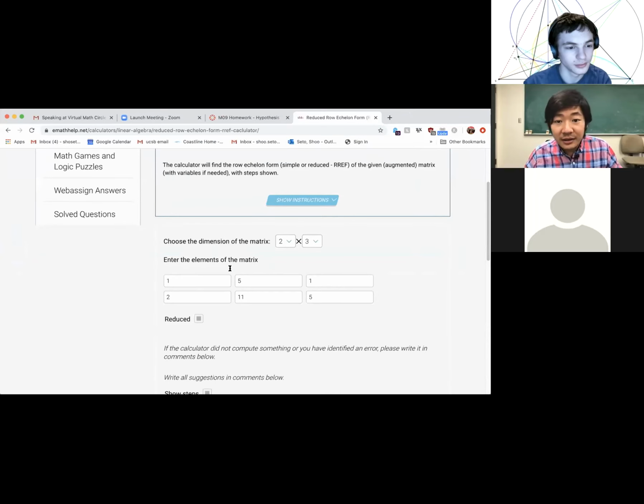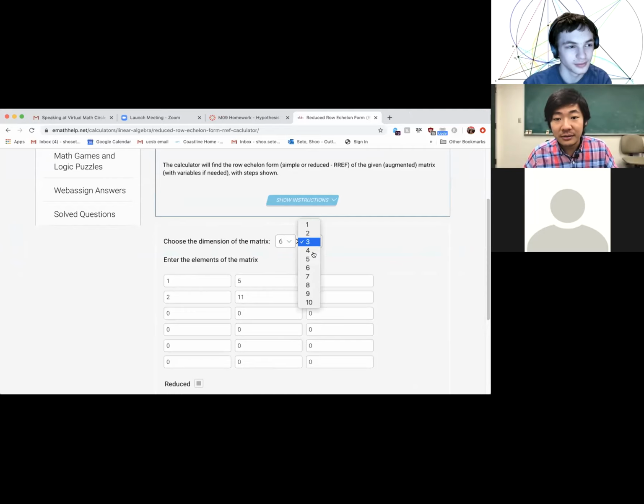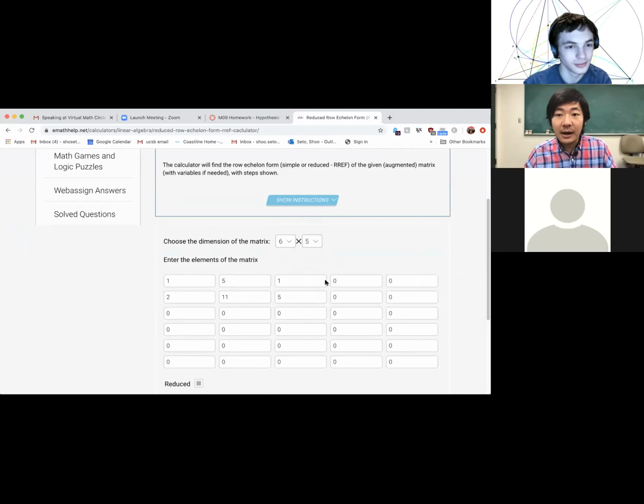So here's this calculator, and I think there were 6 equations and 4 unknowns. So there should be 5 here. And it was 1, 1, 0, 0, 5, and 5's everywhere here.